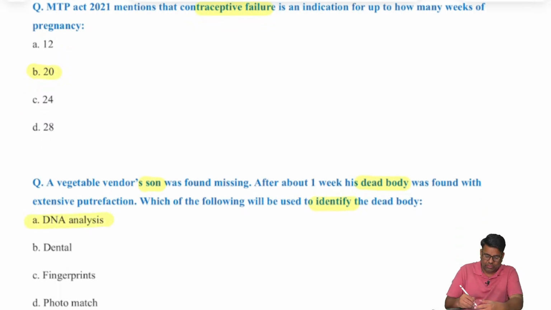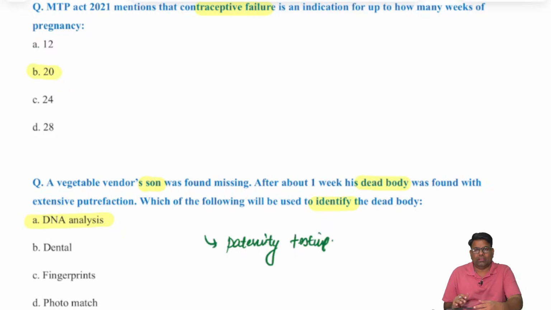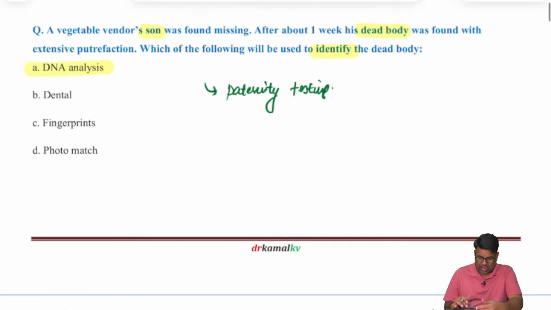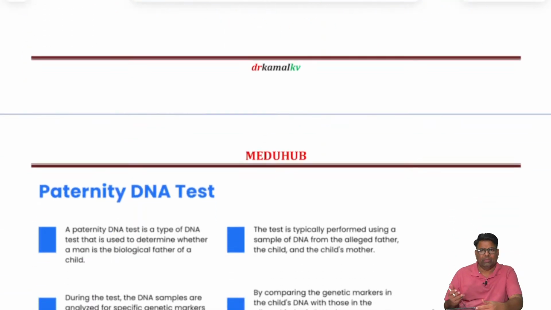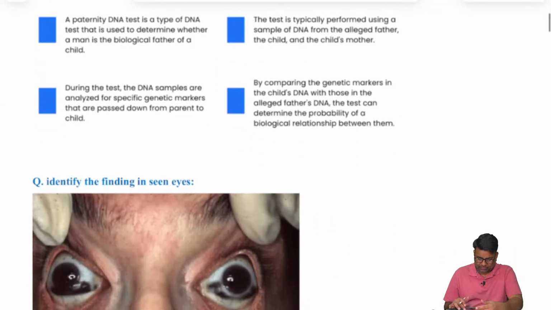This is paternity testing, to establish that yes, the body which has been recovered is biologically related to the person who is claiming to be his father. Whether he is the biological father or not, we can ascertain by paternity testing by DNA analysis. So this is the paternity DNA test.